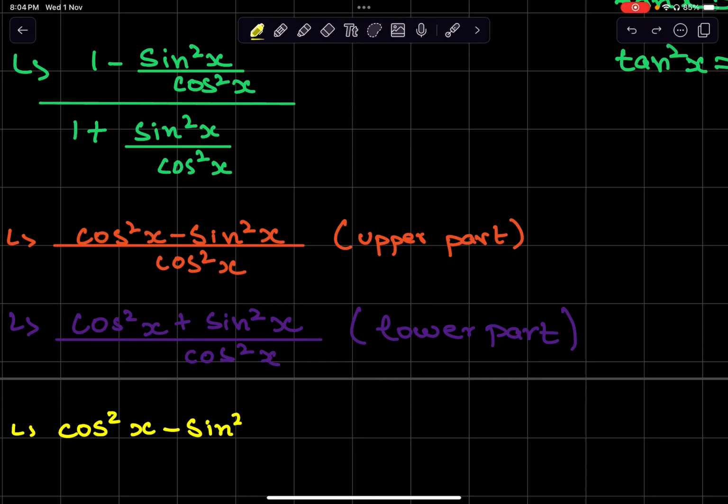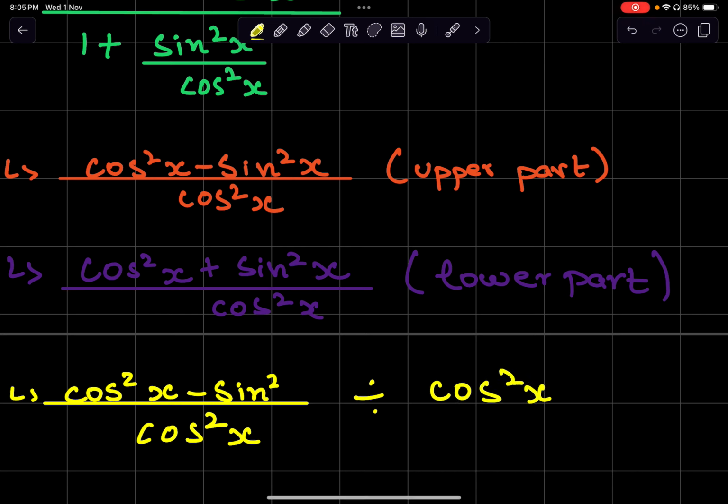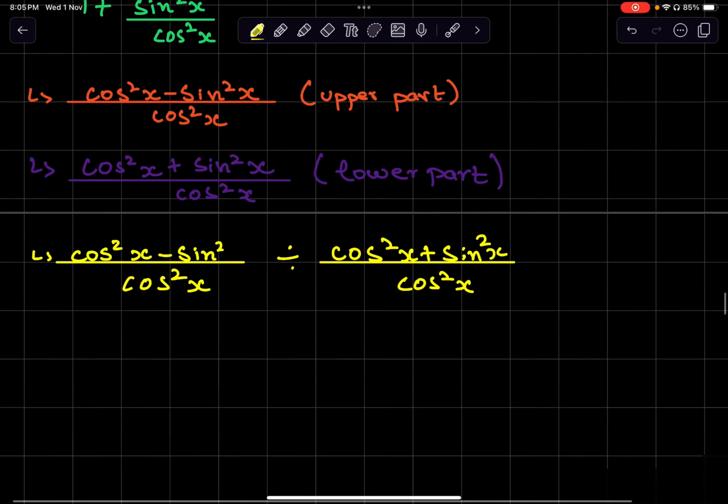In this way our question is going to be really easy and really comprehensible, and you're going to ace maths 100%. So cos square x minus sine square x upon cos square x, divided by the lower portion, which I'm going to write as cos square x plus sine square x over cos square x. All right.